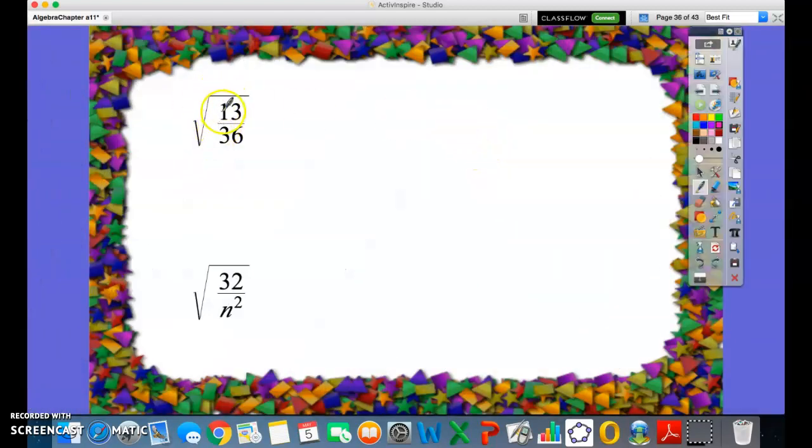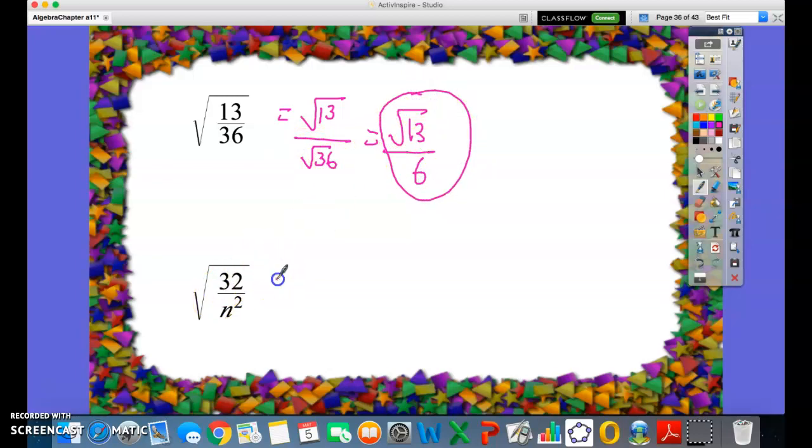Now, the square root of 13 over 36. 13 won't go into 36, so I'm going to use the quotient property. This is not a perfect square, so leave it as it is. This is a perfect square, so I can simplify it. Now the square root of 32 over the square root of n squared.